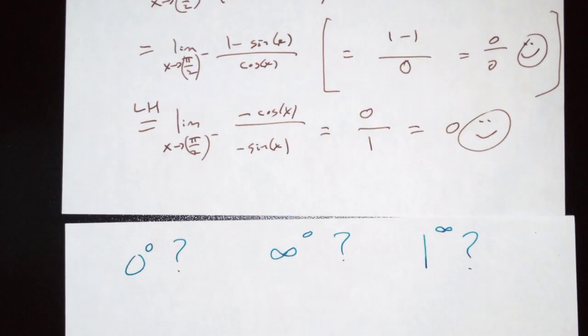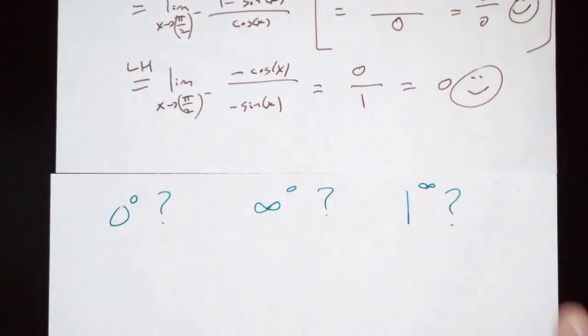If I want to deal with a power, I need to get it out of the power. How do we get stuff that's in a power down out front? The natural log. We did logarithmic derivatives, right?